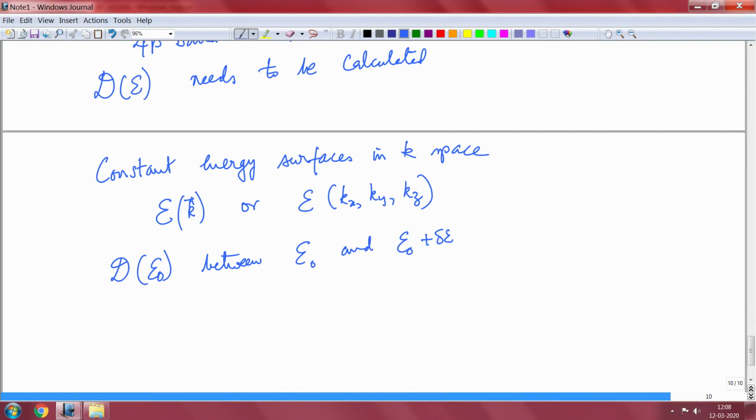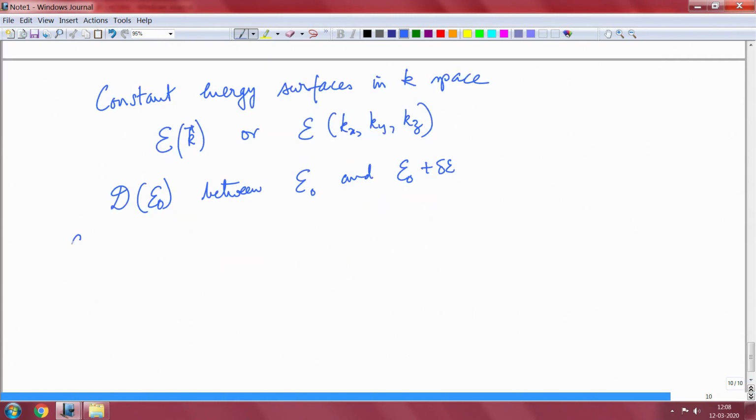So, how can I calculate this quantity? To calculate this quantity, I must construct constant energy surfaces in k space.